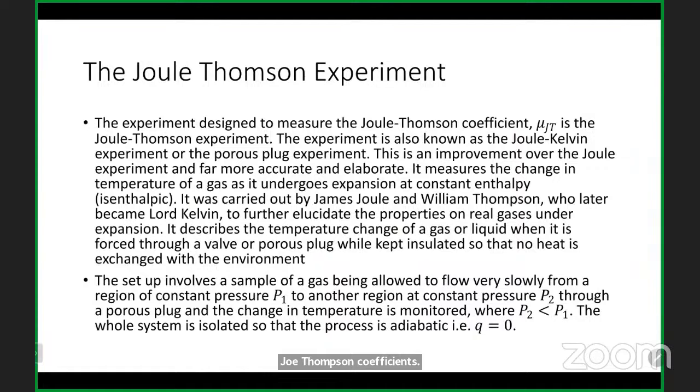I said 40 minutes, I've not spent 40 minutes. The Joule-Thomson experiment was used to measure mu JT. I don't have the picture. I'll put, sorry. So the setup involves forcing a gas through a throttle process. I'm surprised I don't have the picture.